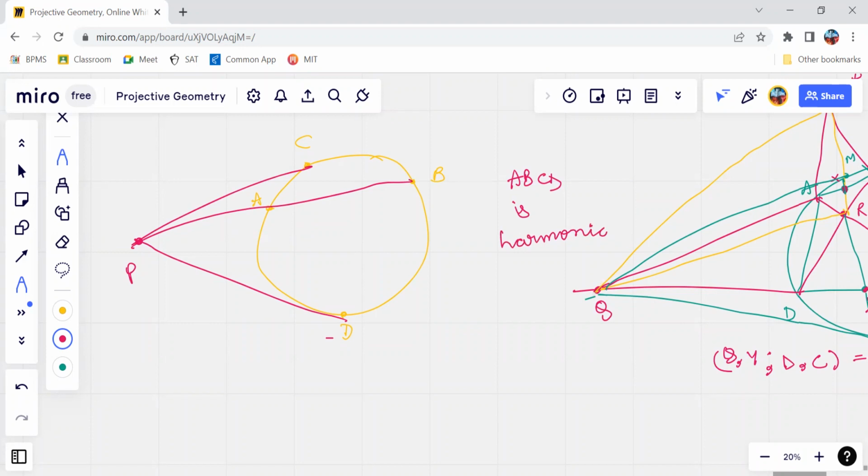And it means exactly what you would expect, that AC by CB is equal to AD by DB, and the cross ratio of ABCD is actually -1.